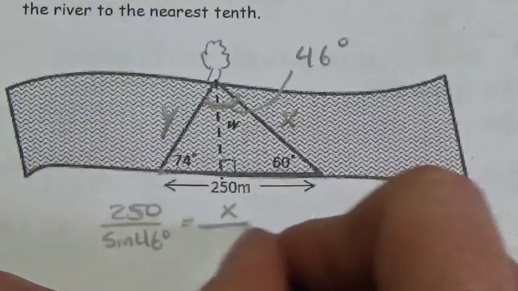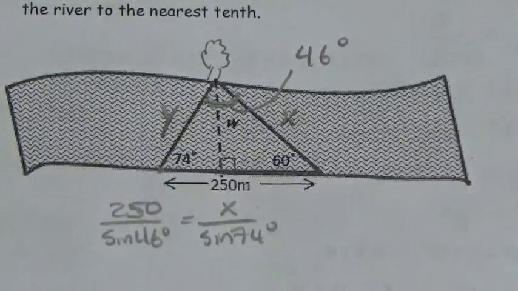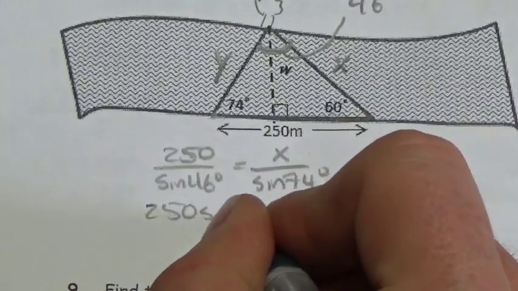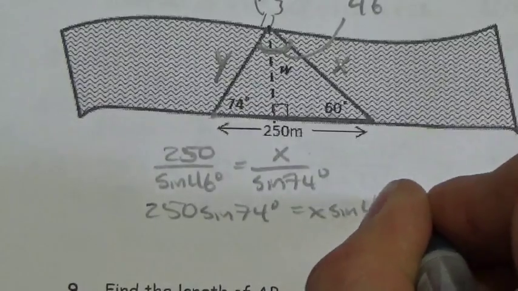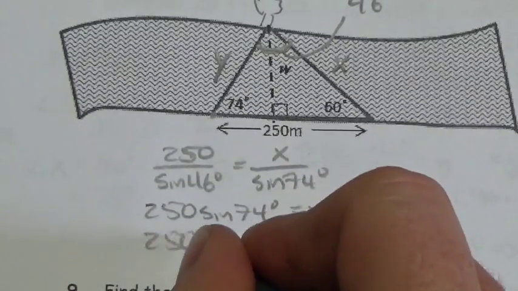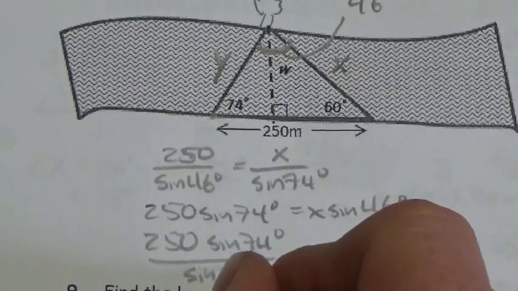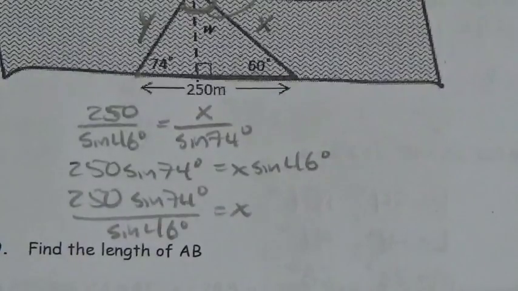Okay, so little x over the sine of 74 degrees. Now we're going to cross multiply. So 250 sine of 74 degrees is going to equal x times the sine of 46 degrees, then divide. 250 sine of 74 degrees over the sine of 46 degrees is equal to x. And we get, okay, 250, I'm just doing it on my calculator off to the side here, divided by the sine of 46 degrees.